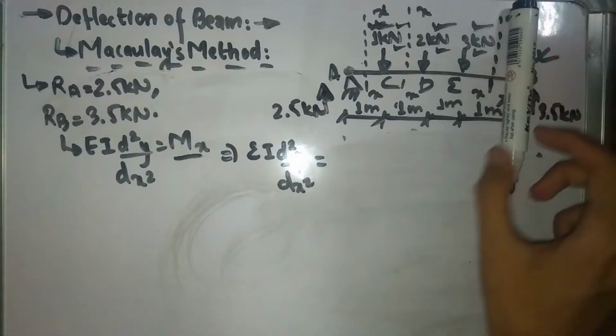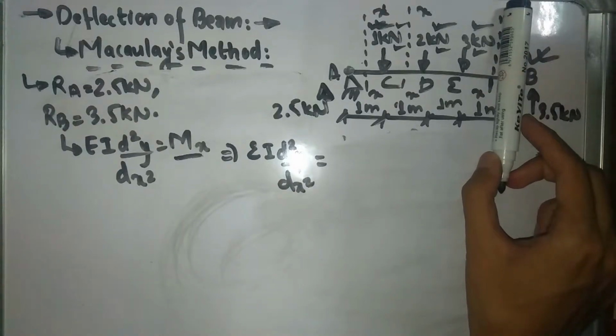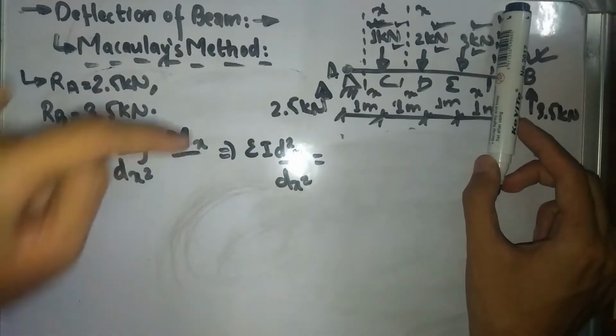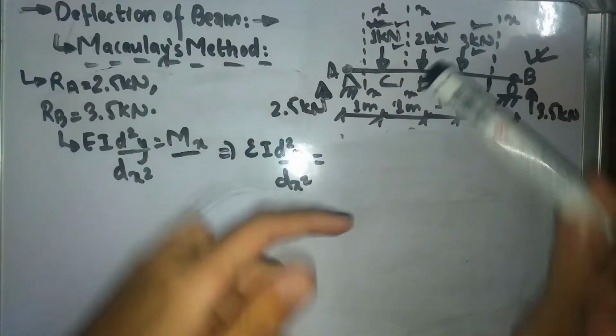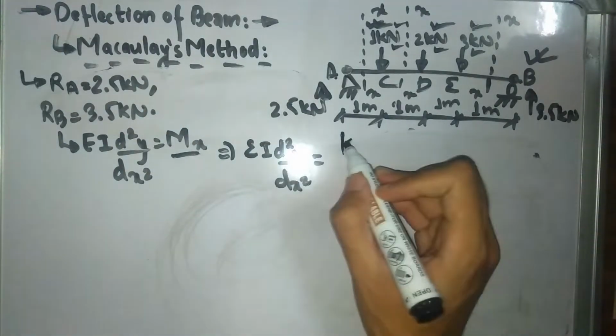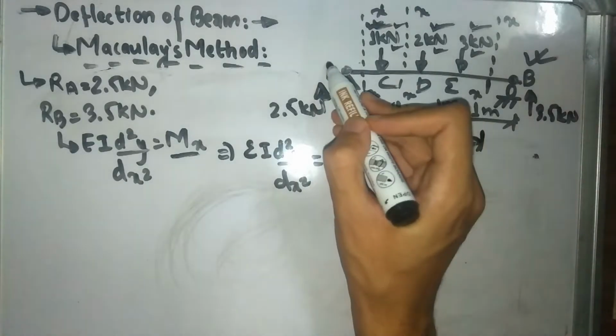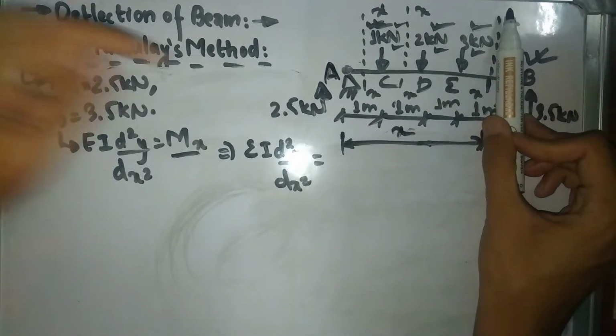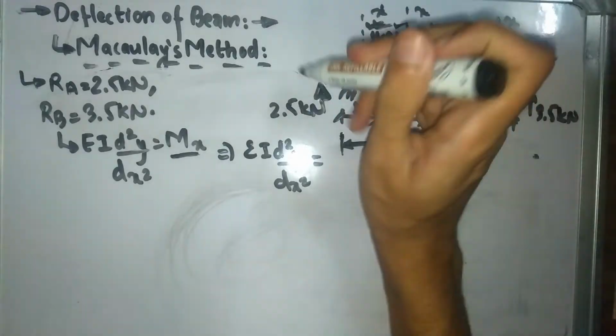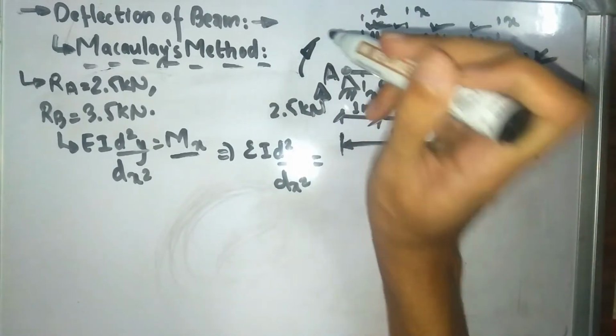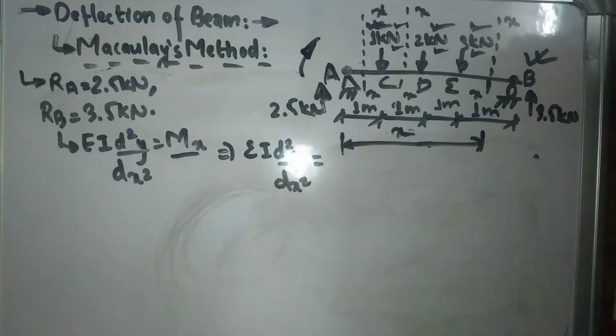As you can see here, with respect to the xx position, I have kept a marker at the xx section. My section xx is at a distance x from point A. With respect to this, 2.5 kilonewton is going to produce clockwise moment, so we're going to take it as positive.